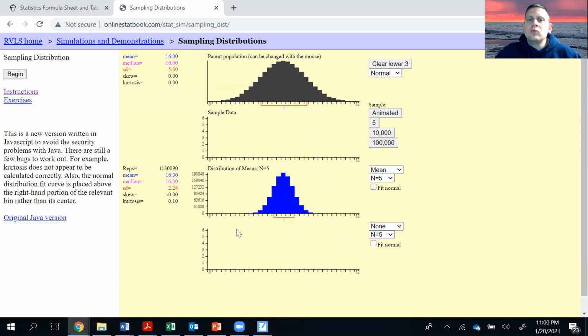What happens when you do sampling and you find the mean? Notice you get rid of these stragglers. There's hardly any outliers. The variability is cut down. When you think about finding the mean of each sample, you are cutting down on your variability.